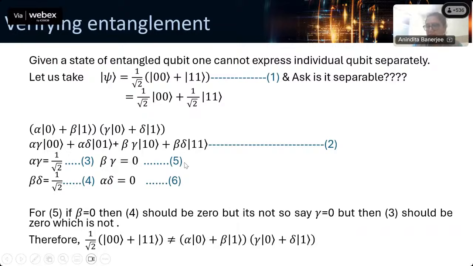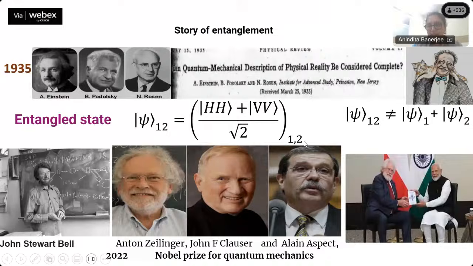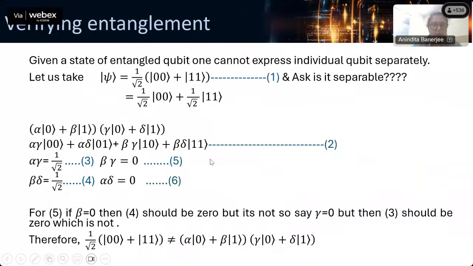Now, again, there are some small exercises which I have given to help you understand the maths of entanglement, because this itself is an exercise for students: how you analyze mathematically whether the state is entangled or not. You take a generic state, expand it, and then try to see under what conditions it is entangled.